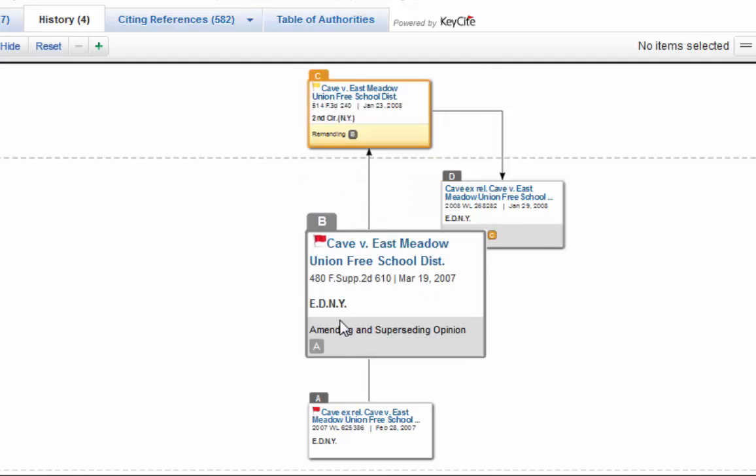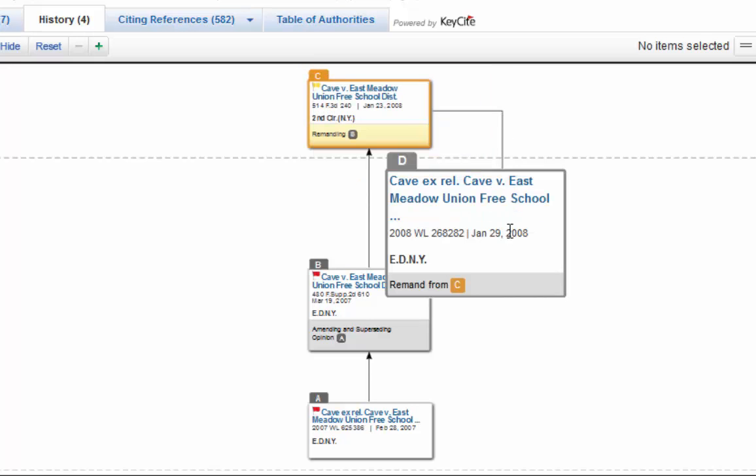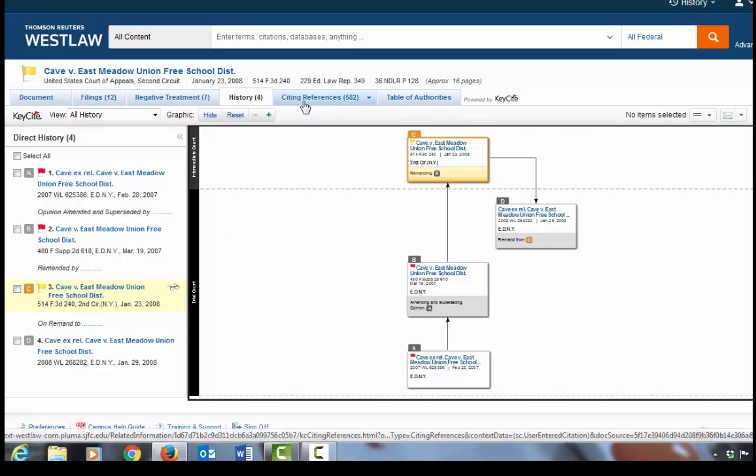The next case came up to the Second Circuit of New York court, and then this particular case remands the case back down to the lower court. So you want to take a look at what is the trajectory here. What are the various levels of courts that this particular case experienced over time? So you want to pay attention to that.